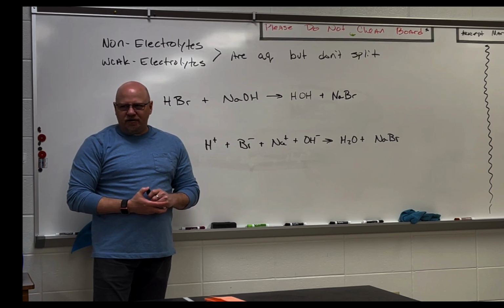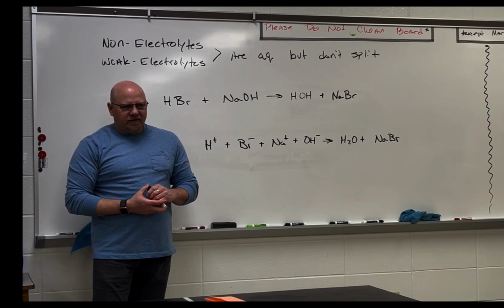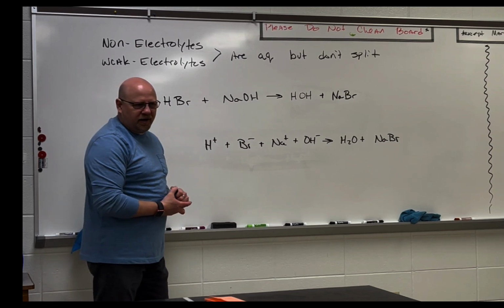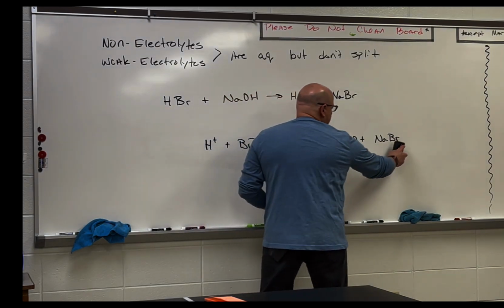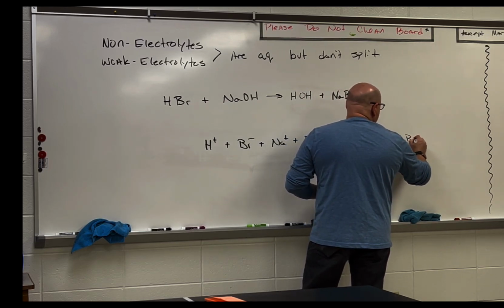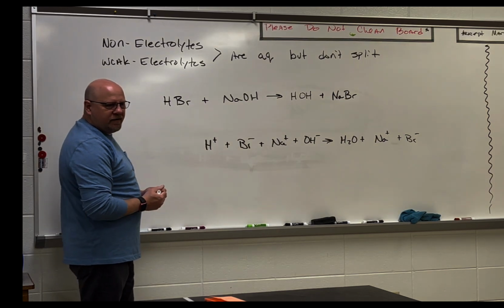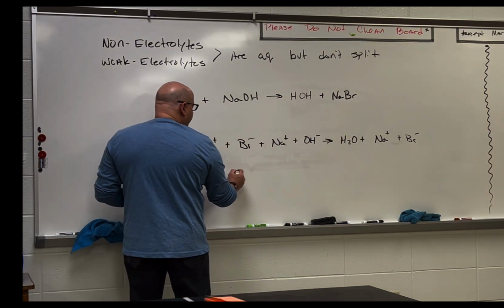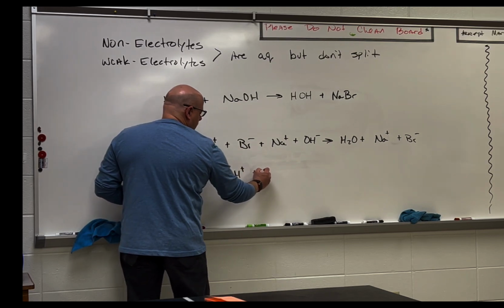By this point, I would think you guys would know rule number 1 well enough to know that it does. It's going to be aqueous. So plus Na plus and then Br minus. So that's a complete ionic. Now what can cancel out? The sodium and bromide. Which leaves us what for our net now? H plus OH minus equals H2O.